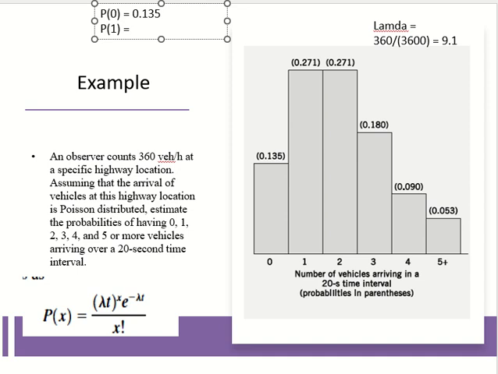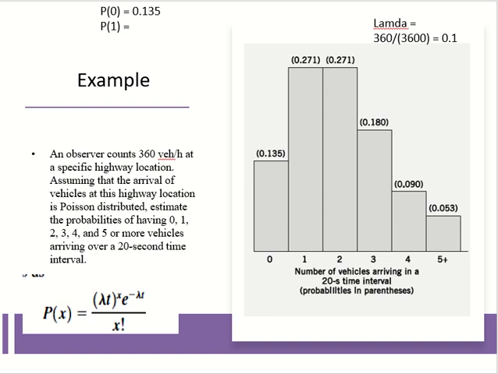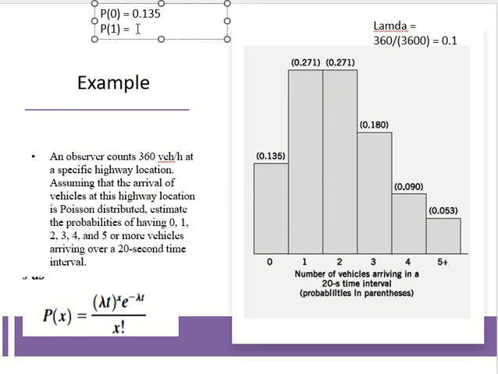You wrote 0.1. Yes. P of 1 is how much? 0.27.